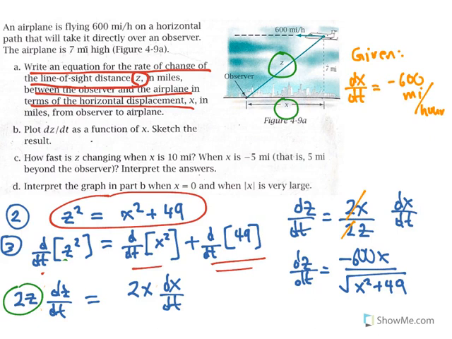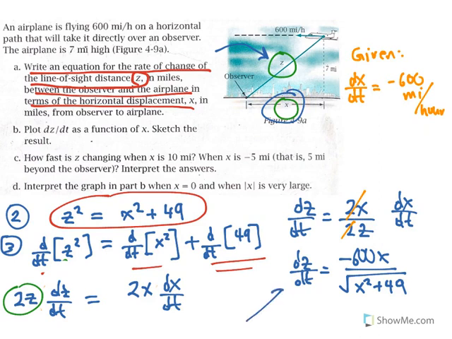An equation for the rate of change of the line of sight distance z in miles between the observer and the airplane in terms of x, representing the horizontal displacement from the observer to a point on the ground directly below the plane at a particular instant in time.